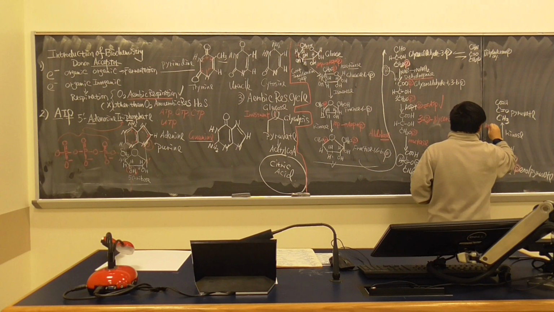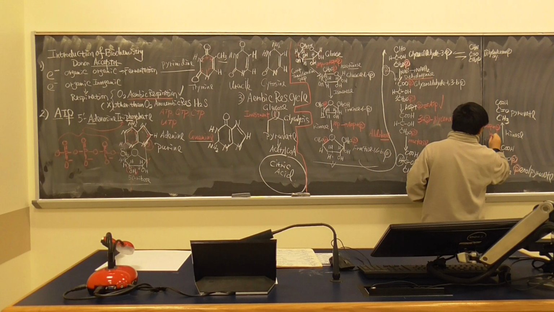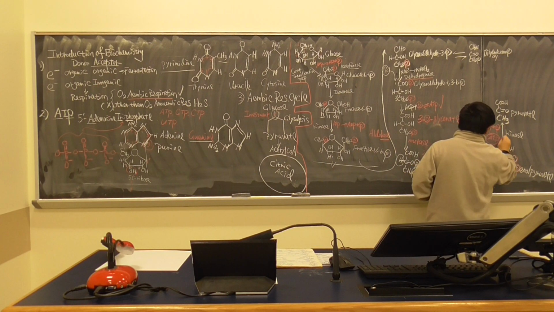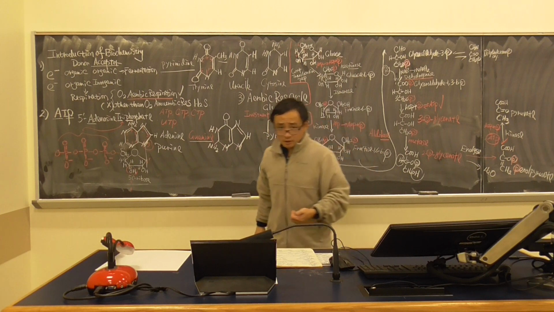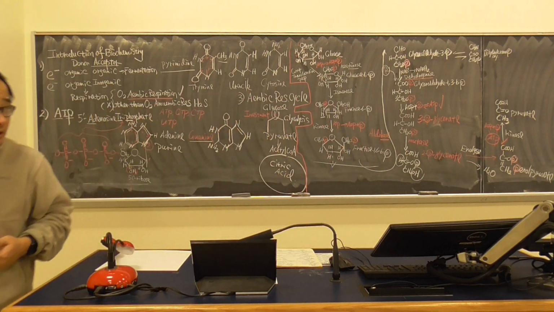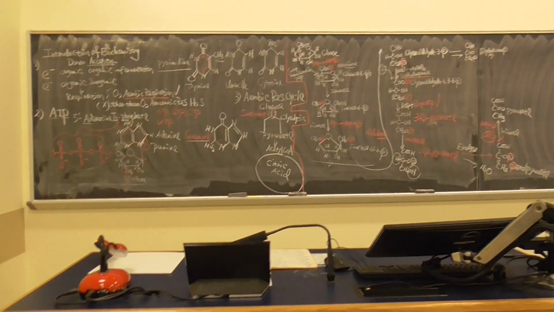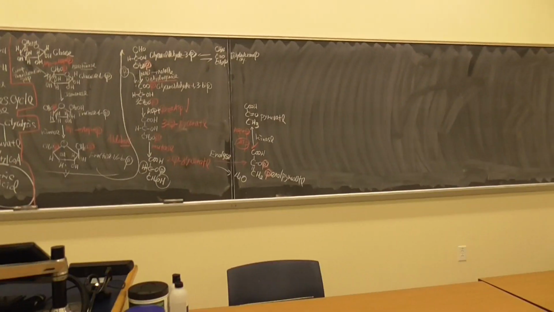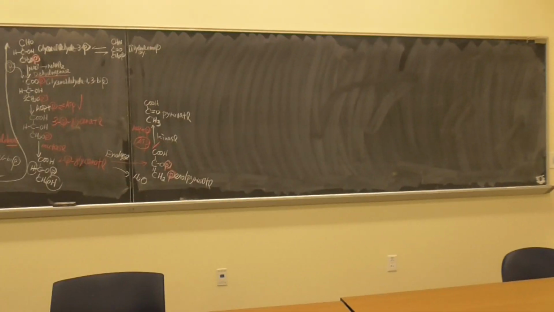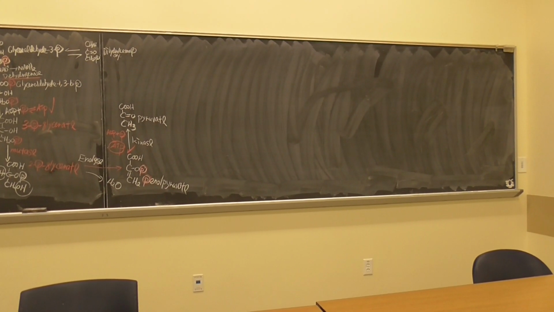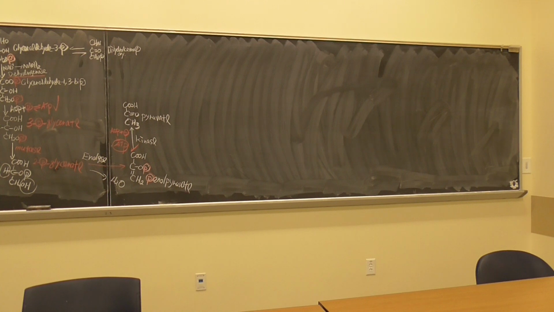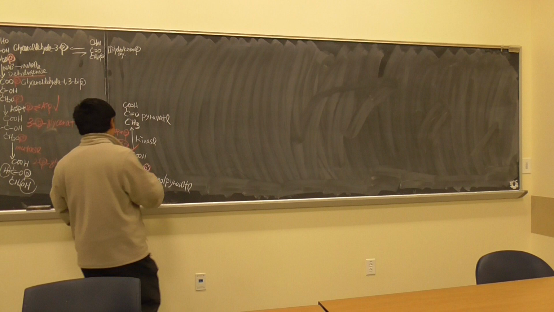Because again, ADP connects to the phosphate and becomes ATP. So here ATP is generated again. So coming here, pyruvate is generated, and glycolysis is finished.